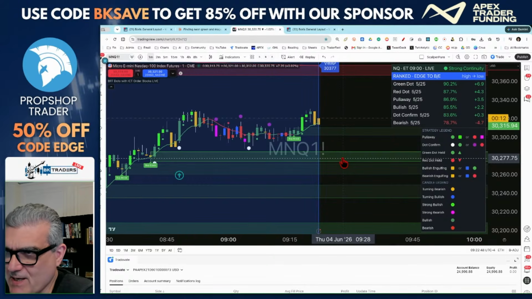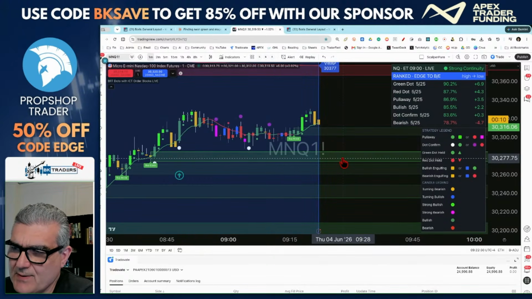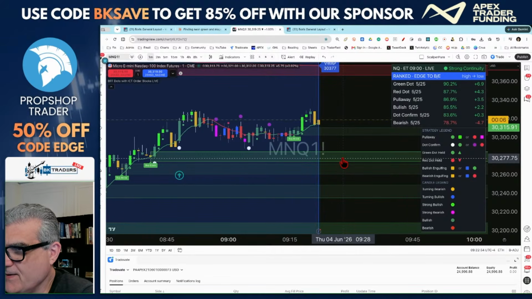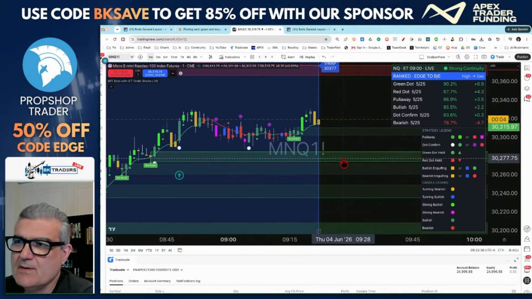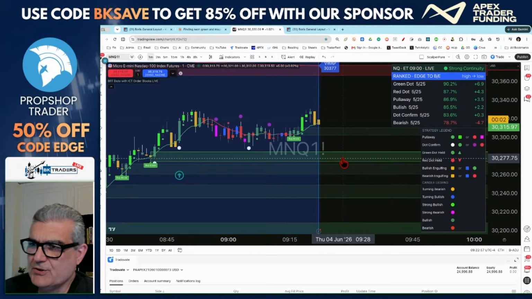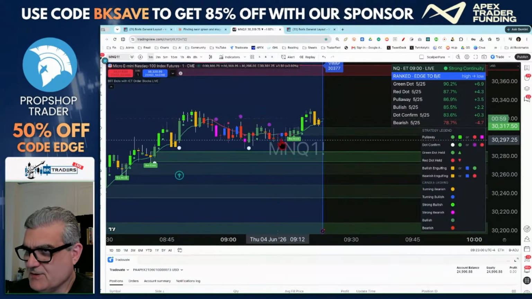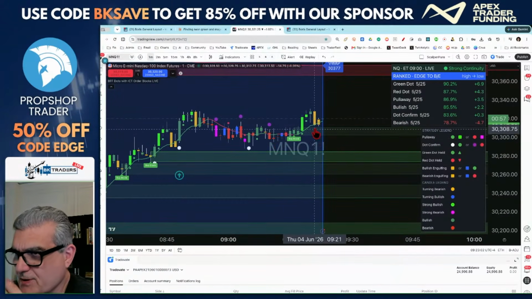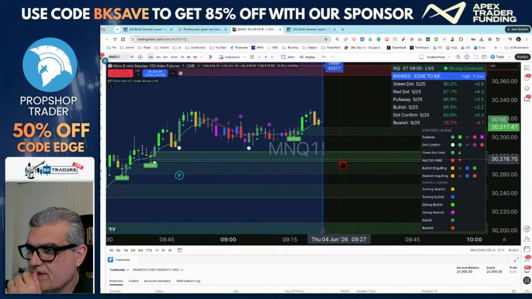You were just taking only the top trades in both hours, because this short got stopped. Obviously, this short candle short got stopped. Red dot got stopped.